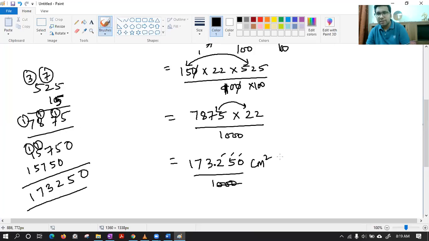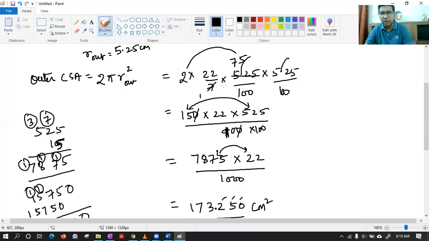So the only thing is, I tried to see which numbers are easy for me to do in my mind. So first I went for 2 into 75, because that will give me 150. 15 is an easy number for me. Second thing that came to my mind is 15 into this bigger number will give me the final thing, except 22, because multiplying with 22 is very easy for me.